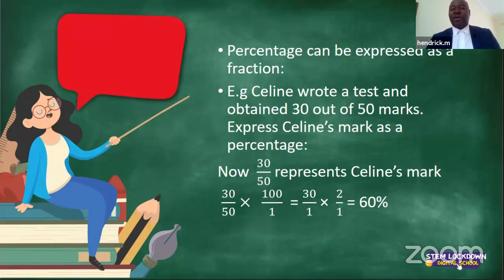And this, as I've already indicated, means that we have now been able to convert the mark that Celine got, which is represented as a fraction. We've been able to convert a fraction into a percentage. So that is the first thing that I wanted to say this afternoon.